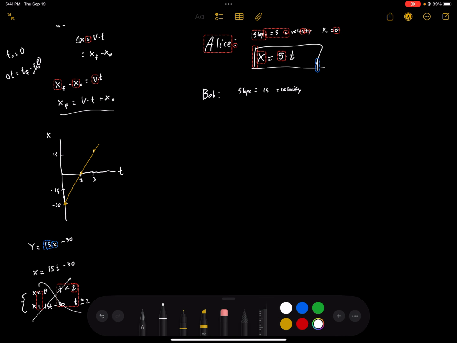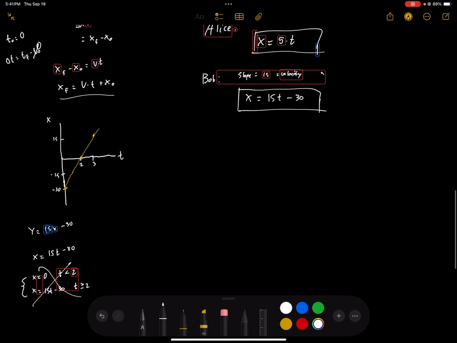Just write the equation of the line, and you're going to use that to solve the problems, all right? So we know the slope's 15. The x naught, or the y-intercept, in this case, you can say x is equal to 15t minus 30. So again, how did I find that minus 30 part?